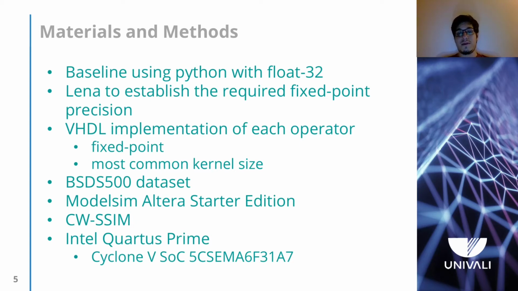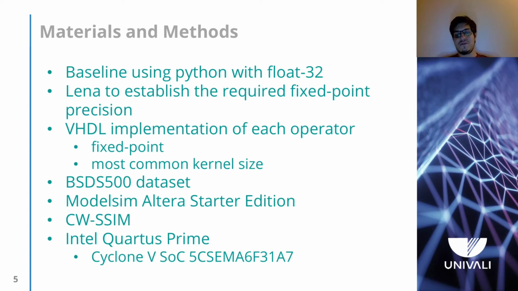We implemented with VHDL each operator using fixed point and the most common kernel size. For most of the operators it was 3 by 3, but for one of them it's just 2 by 2. We used the BSDS 500 dataset for testing, and for the simulations we used ModelSim Altera Starter Edition.